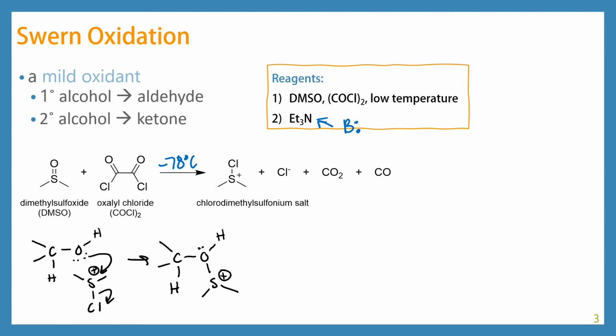Now in this next step, something kind of weird happens before you go ahead and do the elimination. So we have to actually draw out our methyl group for a second. And the triethylamine is actually going to deprotonate it.